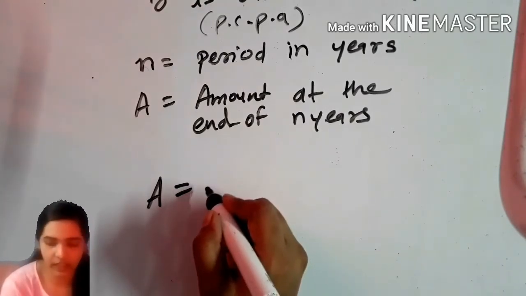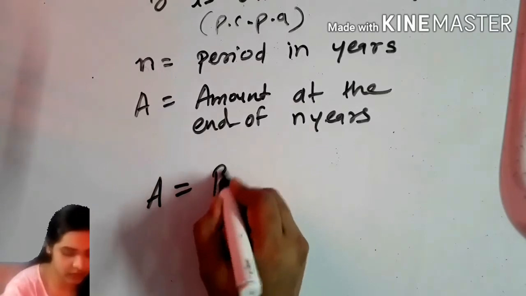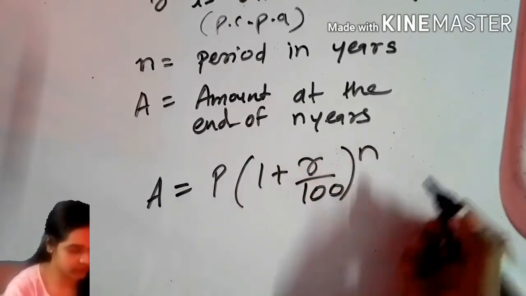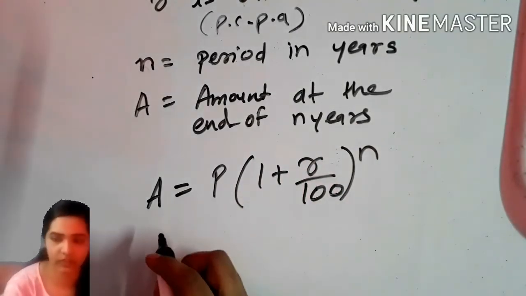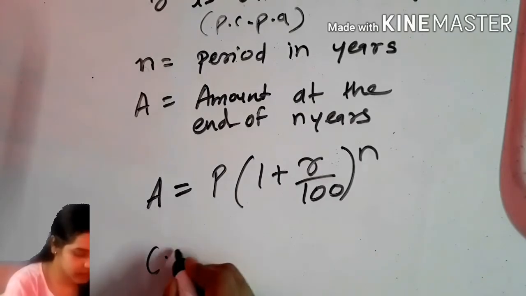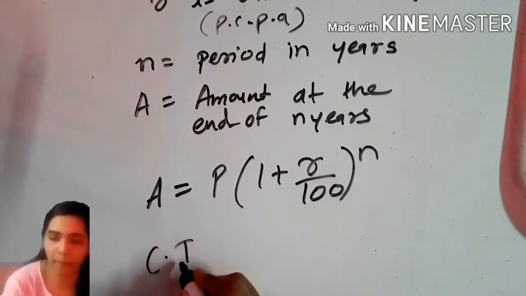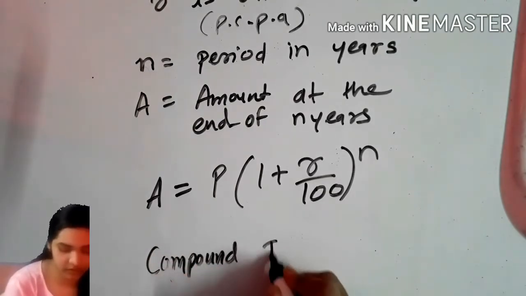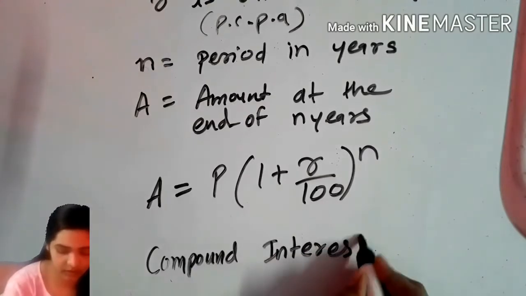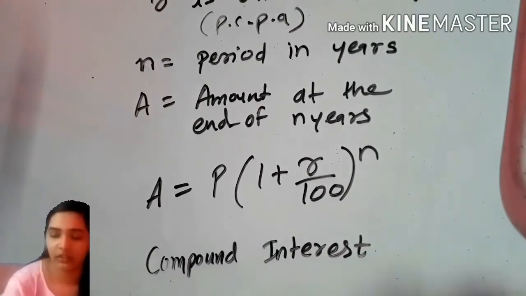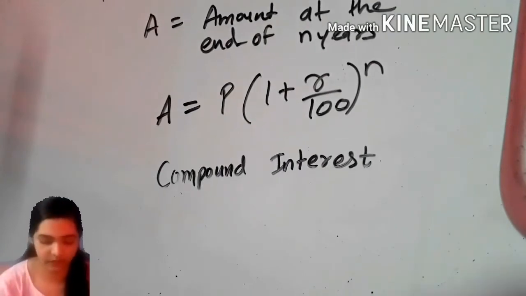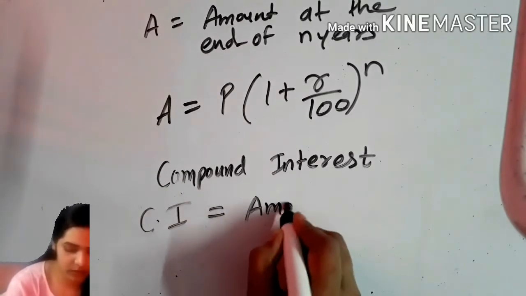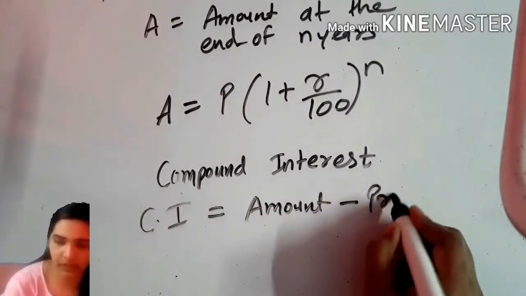For calculating that amount, there is a formula: A is equal to P times 1 plus R upon 100 raised to N. And for compound interest, the CI will be amount minus principal.